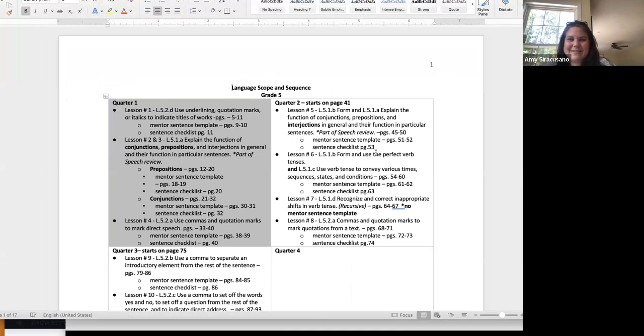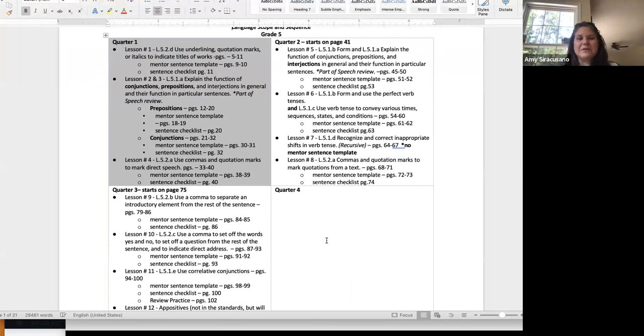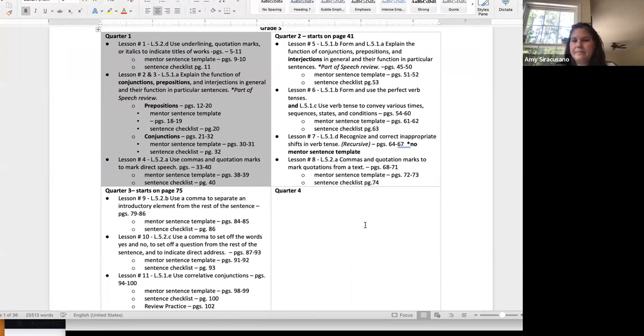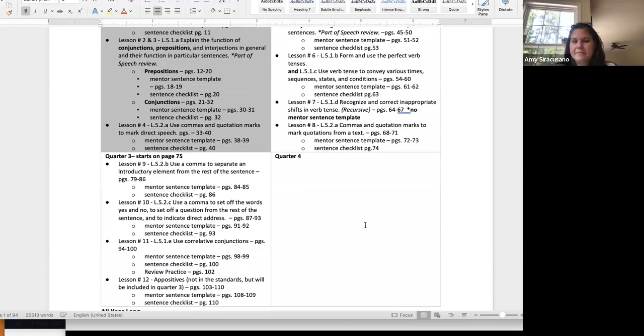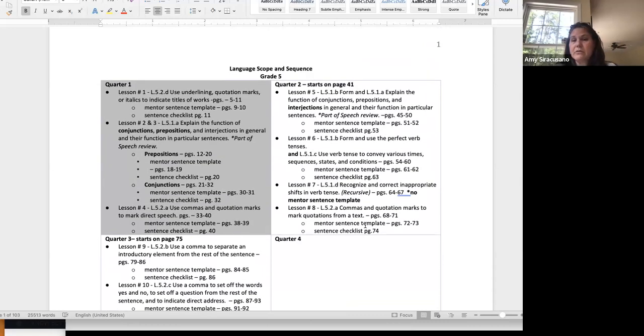This is what our scope and sequence look like. So I was pointing in the fourth quarter and you couldn't even see it. But this was 5th grade. So we had mapped this out for every single grade level.